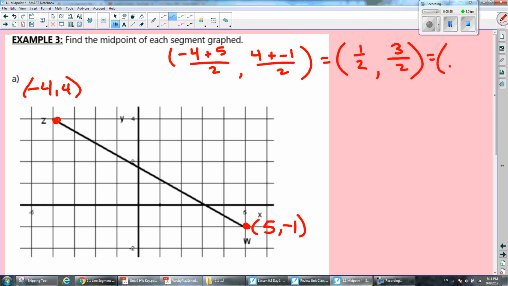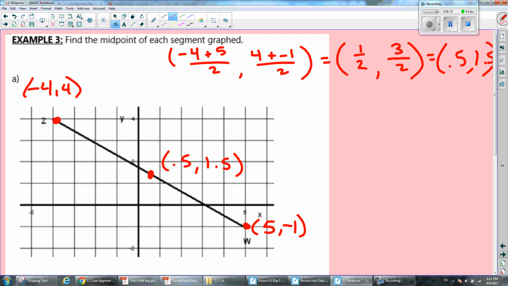If you like decimals, you're at 0.5, 1.5. So if we look here, we can mark in the segment. We're at 0.5, 1.5. And that should look like it's right in the middle.